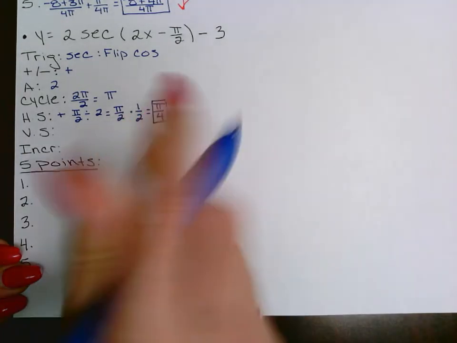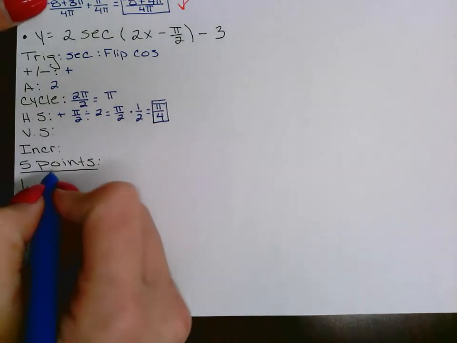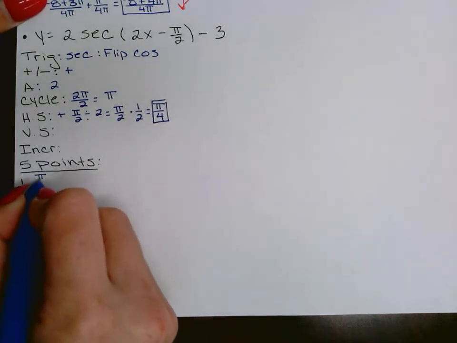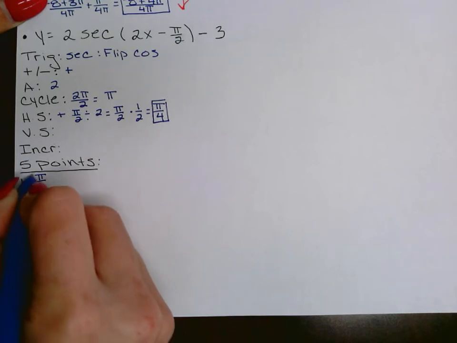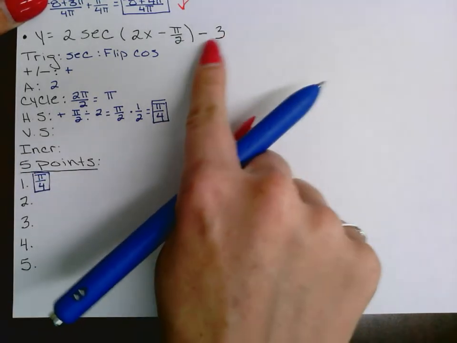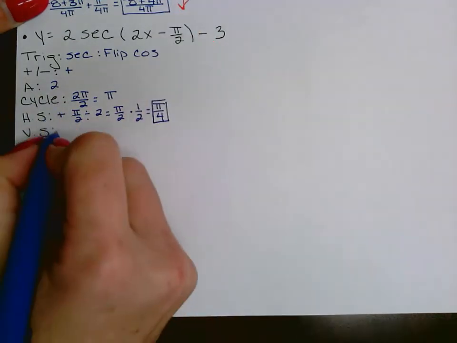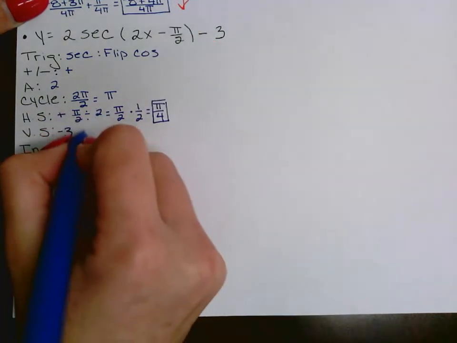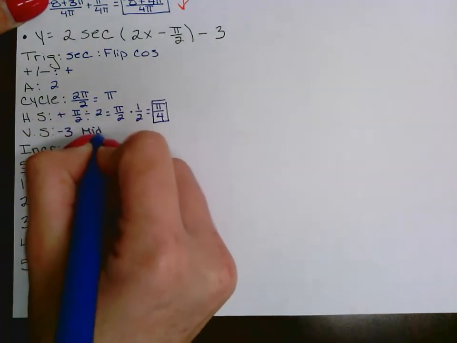My horizontal shift is also the first of my 5 points, okay? Vertical shift, I have a -3, so that is going to be my midline.